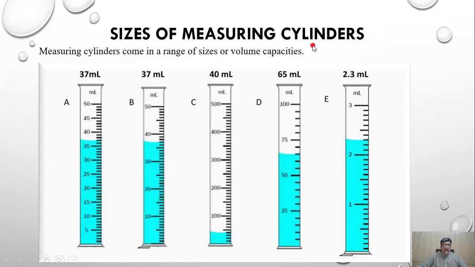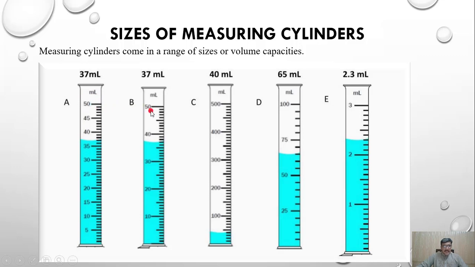Sizes of measuring cylinders. Measuring cylinders come in a range of sizes, or you can say volume capacities. So here A, B, C, D, E measuring cylinders are given to you. Measuring cylinder A has the capacity to measure volume up to 50 ml.